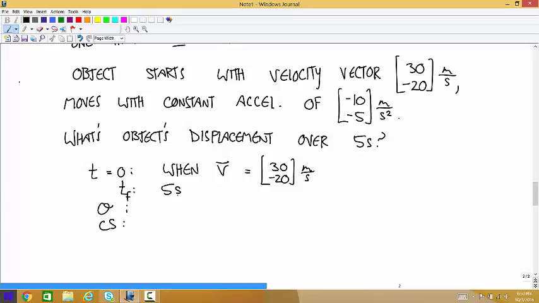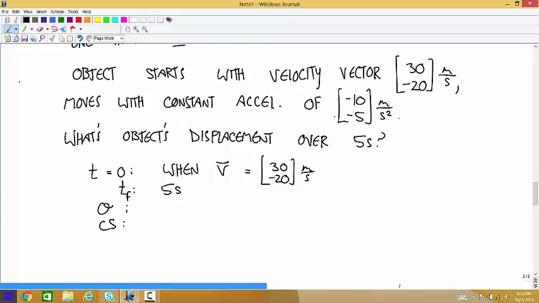The origin and the coordinate system, though, this one's different than the other ones. The reason it's different is that we already have things in terms of components. Remember that in the vector problems, in order to come up with the components, we had to know what the coordinate system was.